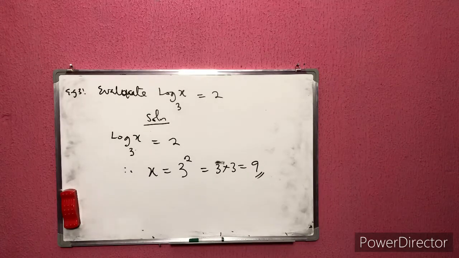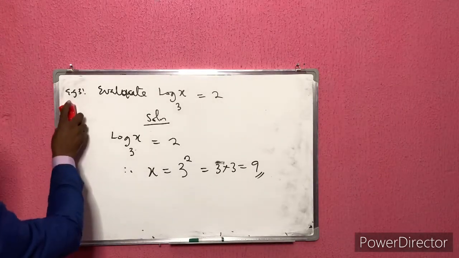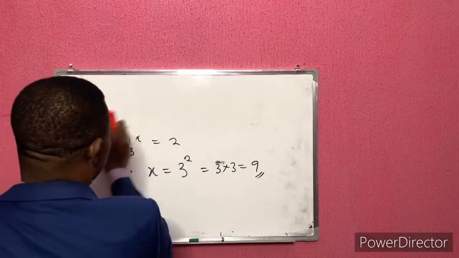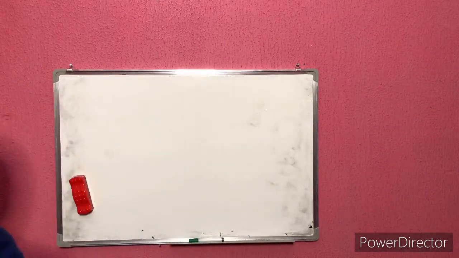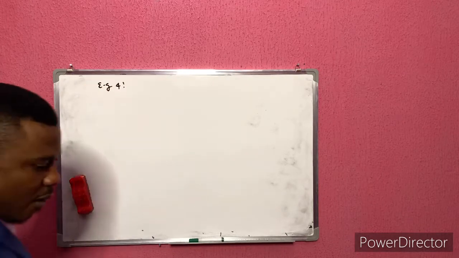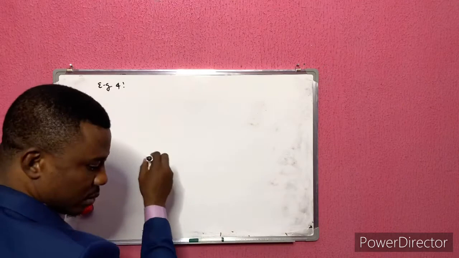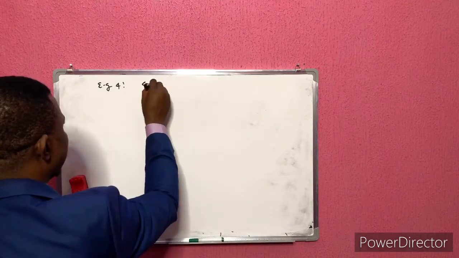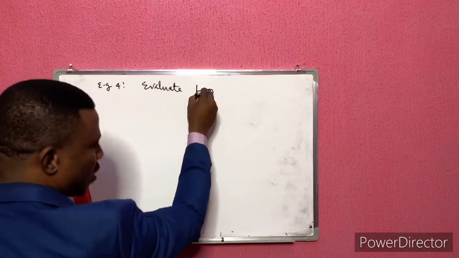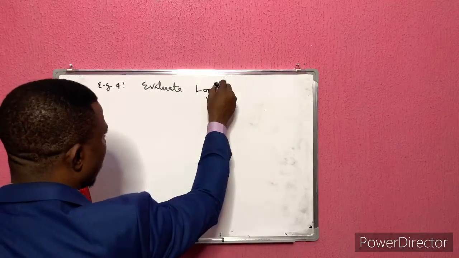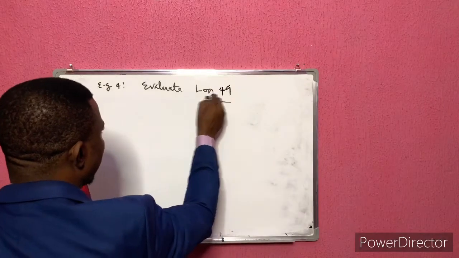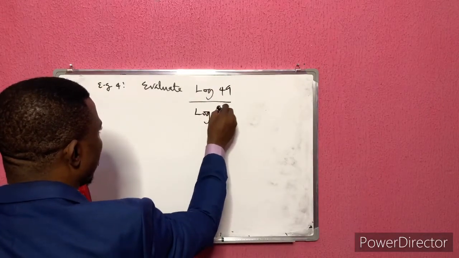Example 4. Evaluate log 49 all over log root 7.